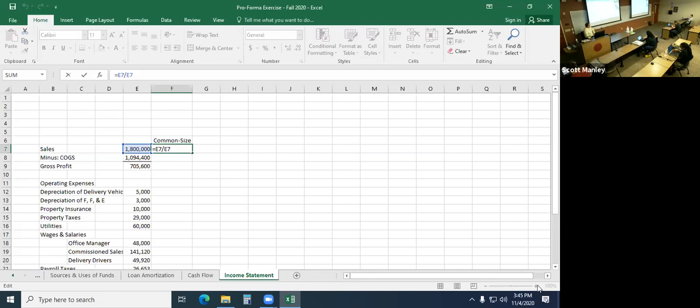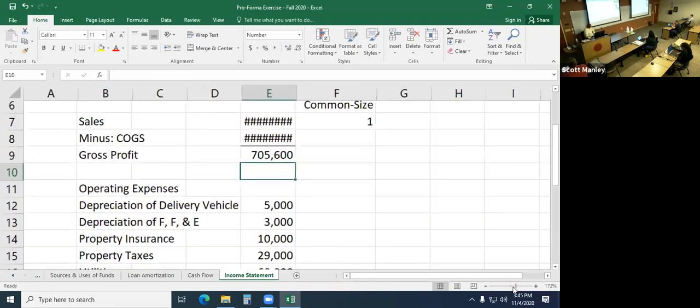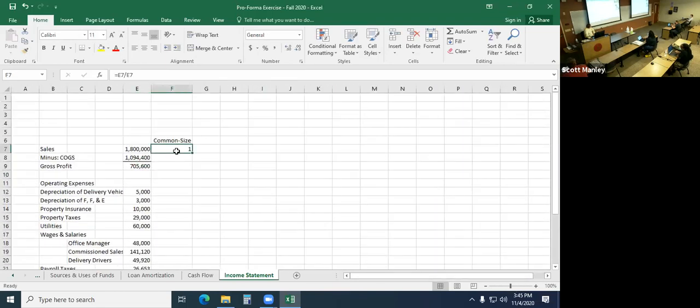However, I don't want to have to go down that screen, down every single row, and put that formula in. So I'm going to make it a little easier for you. We're going to make this what we call a hard reference or an absolute cell reference. Have you heard that term before, a hard reference or an absolute reference?